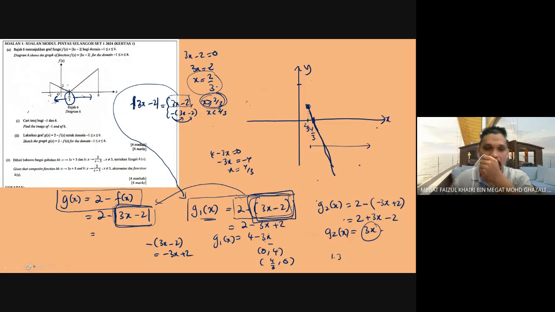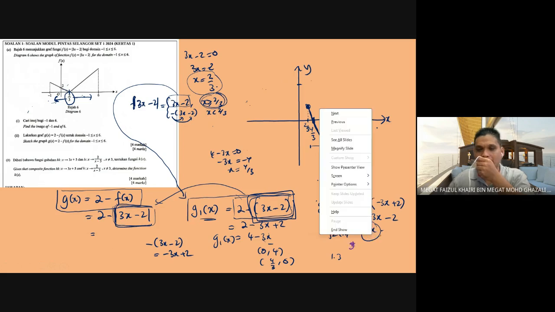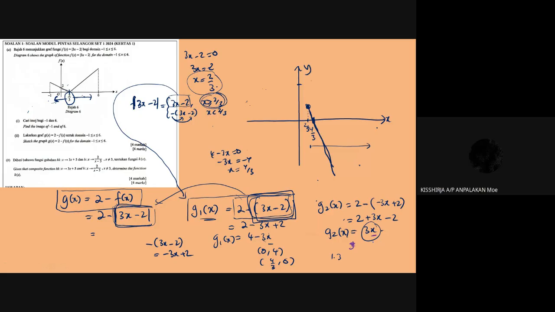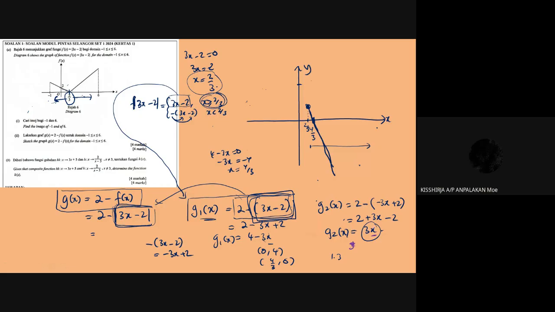So, I'm going to sketch this using different colors. So, g2, when x equals 0, y equals 0.